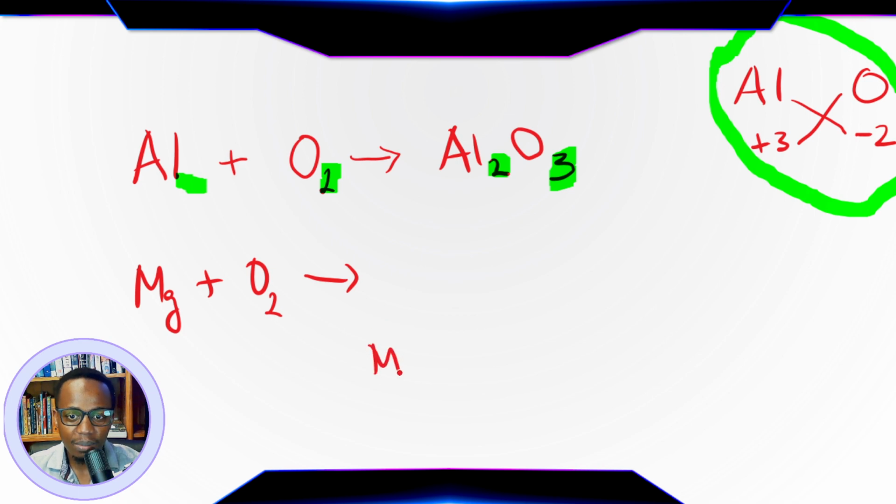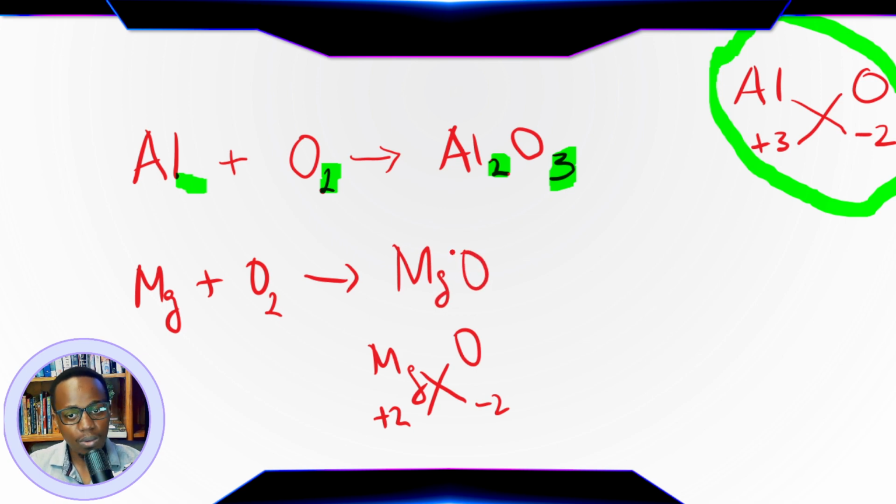So magnesium and oxygen are going to be +2 and -2. And if you do the cross rule, because they're the same, they're going to cancel, and it's going to be MgO, right? Because that's what the rule is. So magnesium doesn't react with two oxygen ions, it reacts with one, not oxygen atoms, I mean.